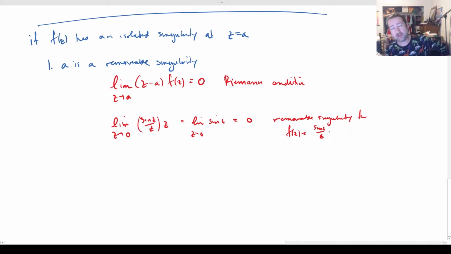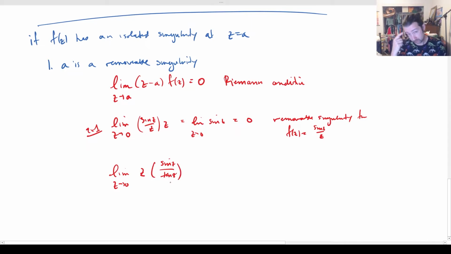Now this isn't always so obvious. This is example 1, really easy because the z cancels the sine of z over z. Another possibility where there's not an immediate simplification like this, we could look at the limit as z goes to 0 of something like z times the sine of z over the tangent of z.